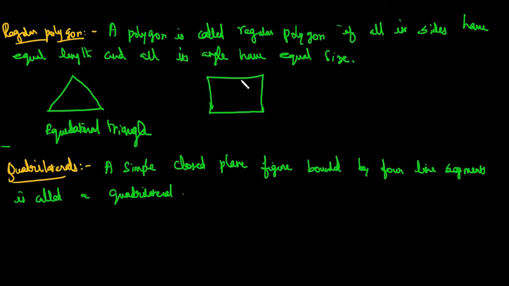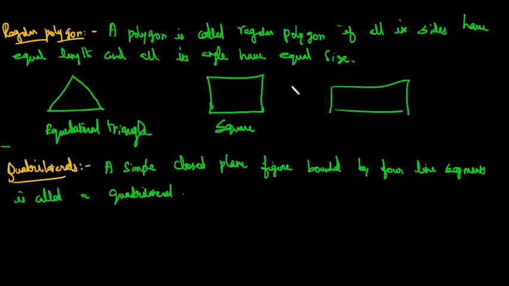What about a square? Okay, let's consider this as a square. All the sides are equal in a square, and all the angles are 90 degrees. Can we say this is a regular polygon? Yes, this is a regular polygon. So a square is a regular polygon. Can we say a rectangle is a regular polygon? No, we cannot, because all the sides are not equal.